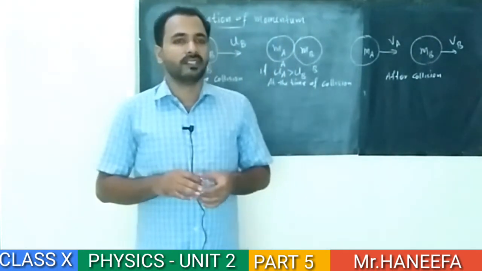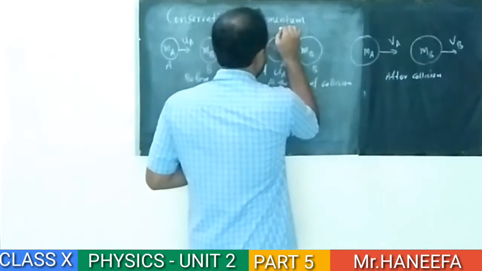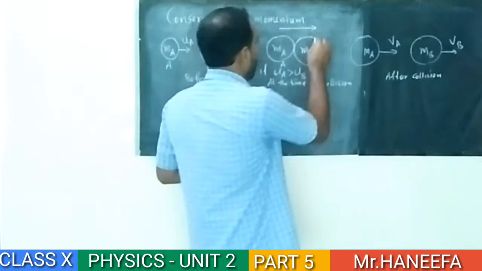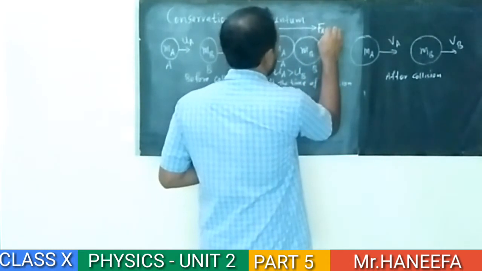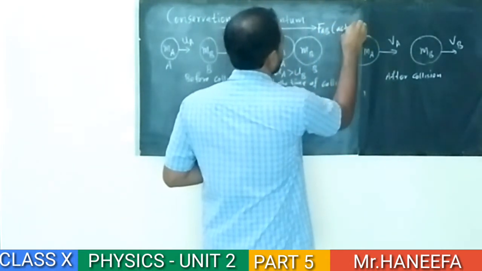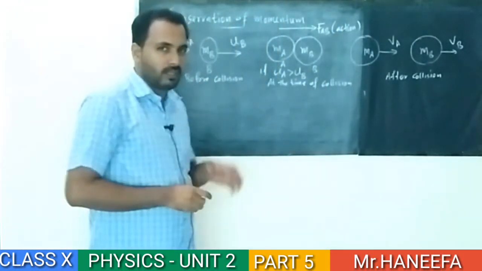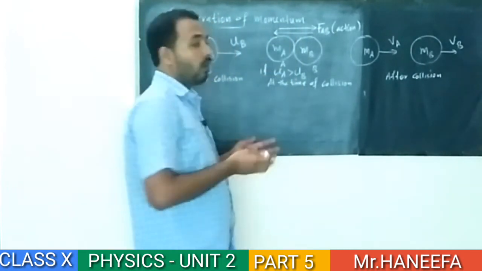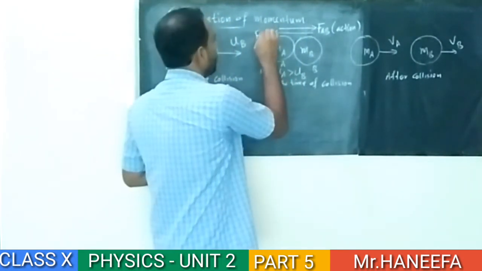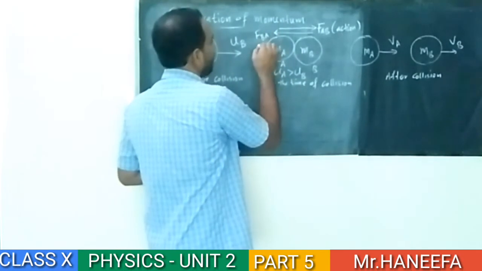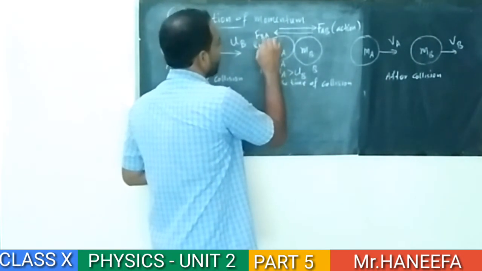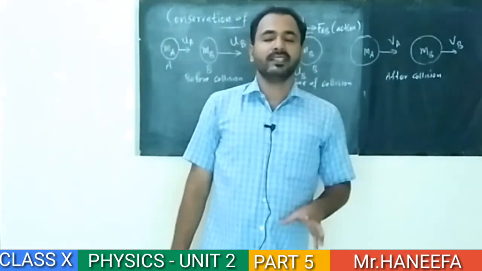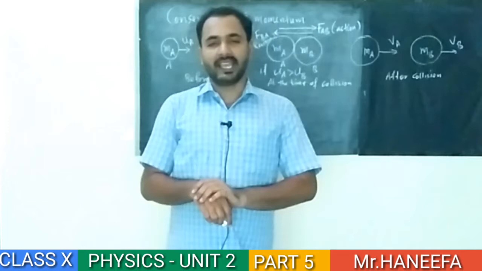Reactive force is called reaction. So here, when A collides with B, there is a force, that is FAB. That is called action. At the same time, B applies a force on A, that is FBA. That is called reaction. So to every action there is equal and opposite reaction.